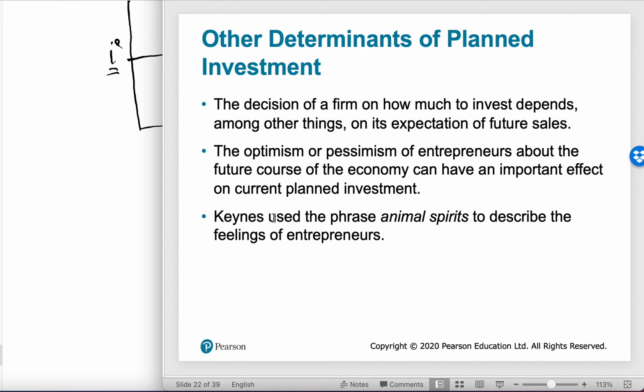And optimism and pessimism will determine how many machines and equipment and inventories are going to be piled up. Inventories and machines and equipment are a reflection of our optimism or pessimism.